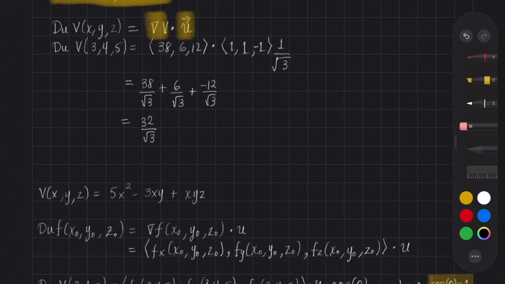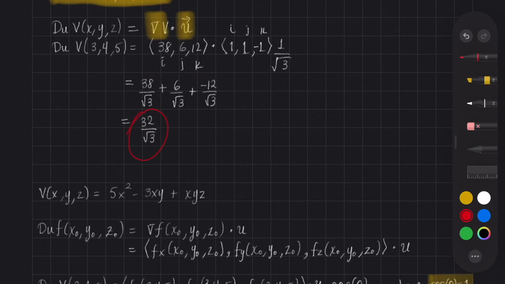All we have to do is multiply each component of the vector: the i component with the i component of this vector right here, and then the j component with the j component, and the k component with the k component. We add them up algebraically, and then our result is 32 divided by square root of 3.